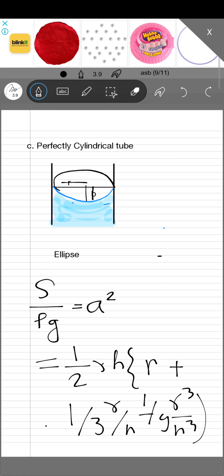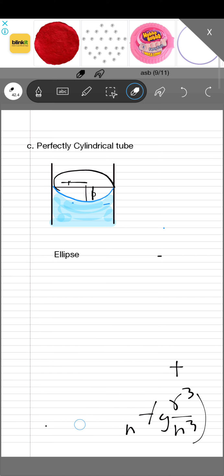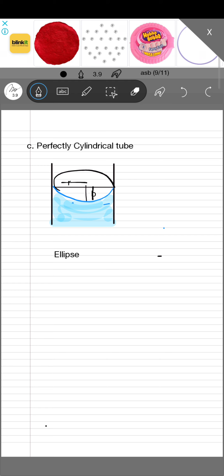So taking only the first approximation, what we finally obtain is S is equal to RH into rho g divided by 2.